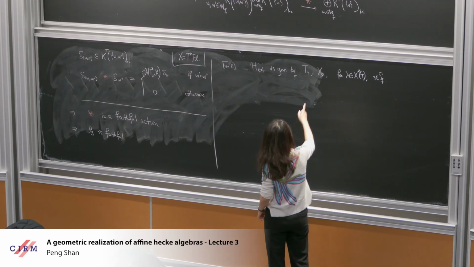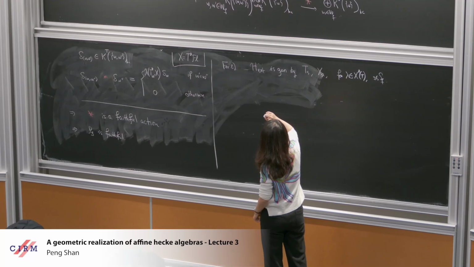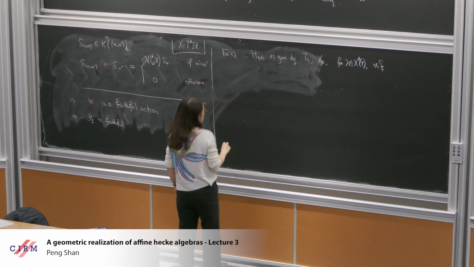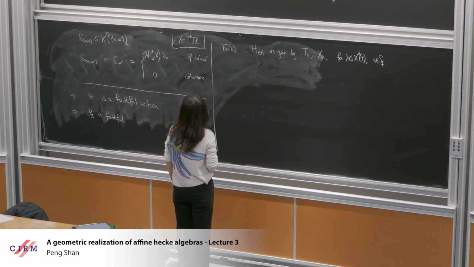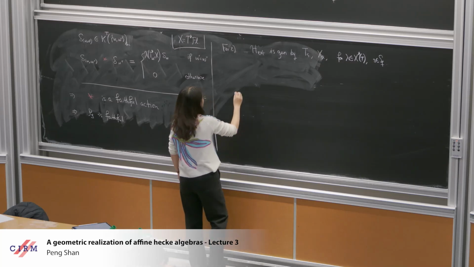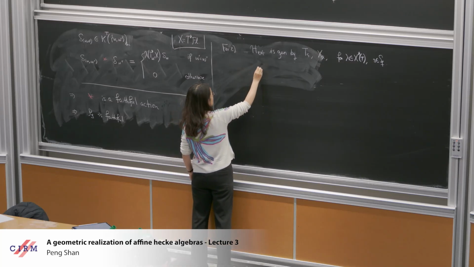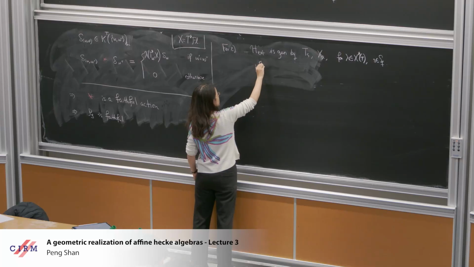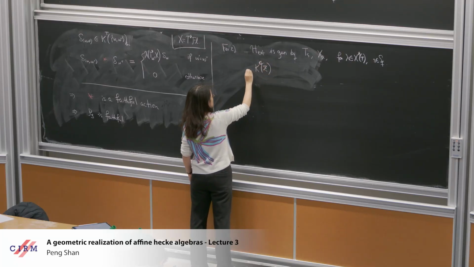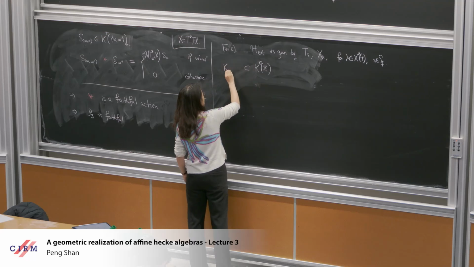So x^lambda is not too difficult to see. What you can do is, in K_G of Z, you have in particular the orbit of 1.